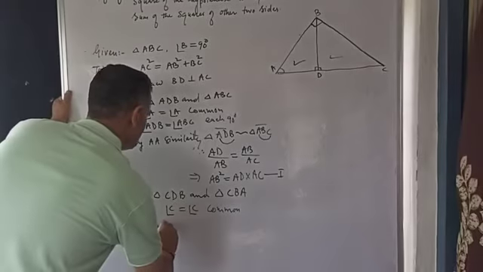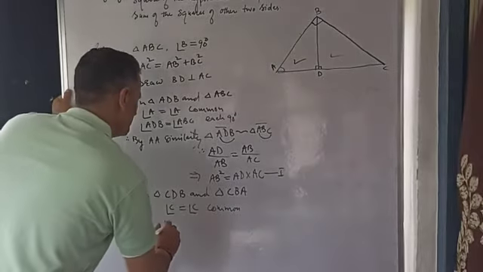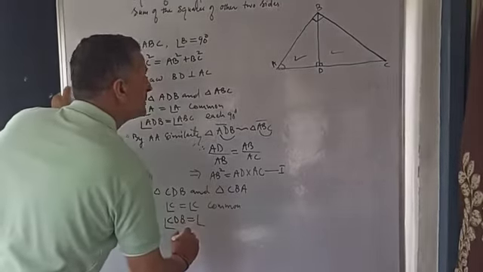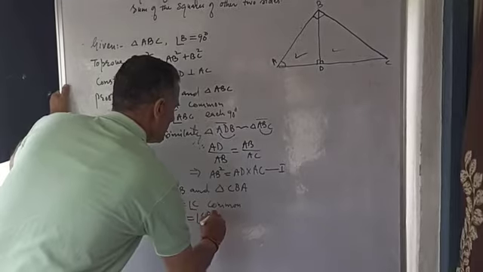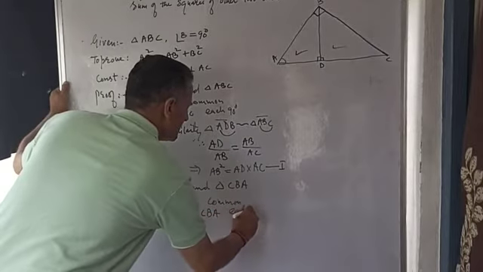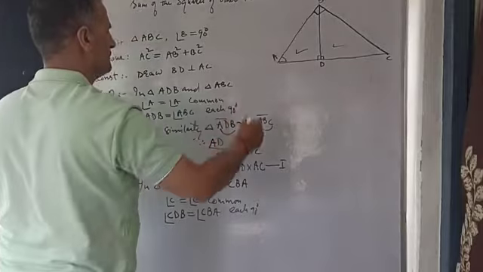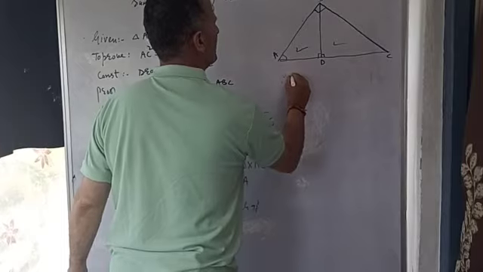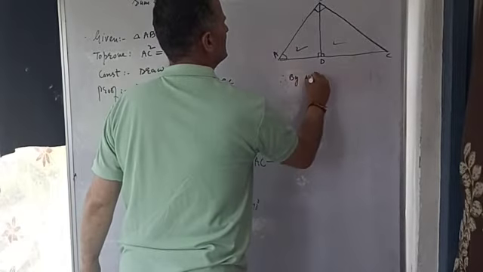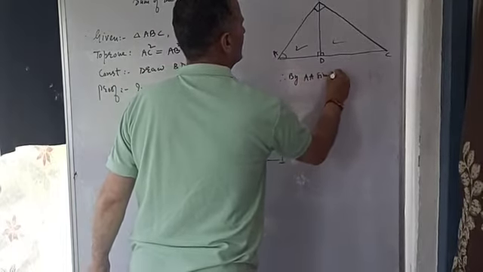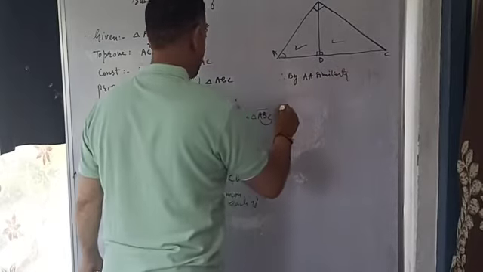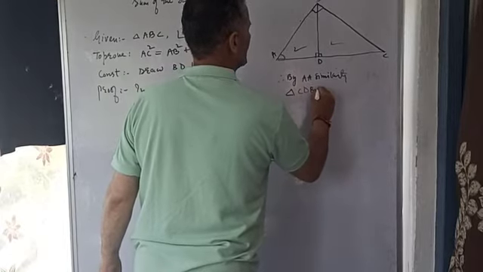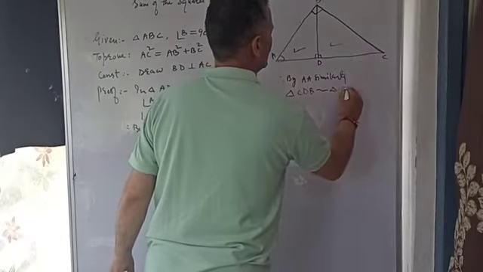So angle CDB equal to angle CBA, each 90 degrees. It is by construction, and CBA is given, it is 90 degrees. Therefore, you see, by angle similarity, triangle CDB is similar to triangle CBA.